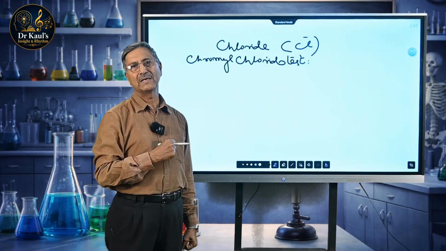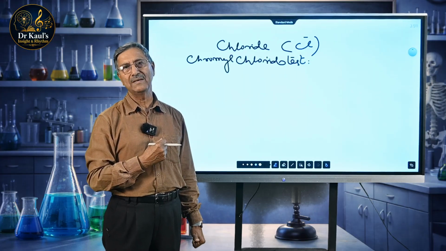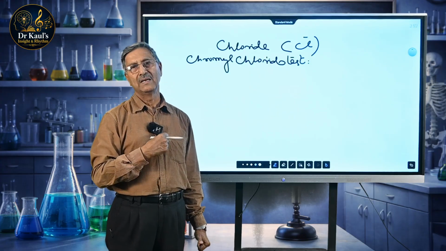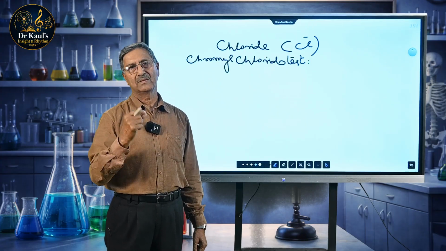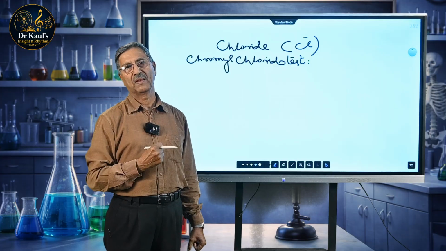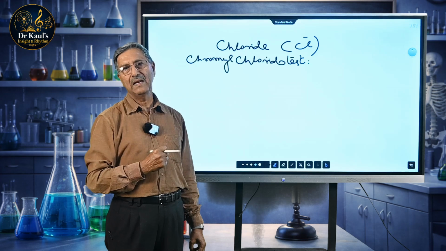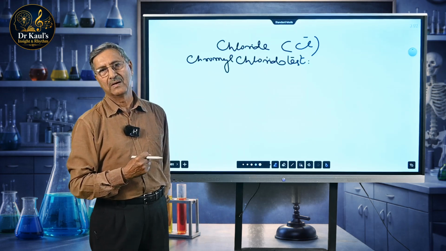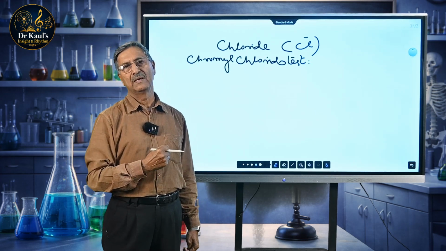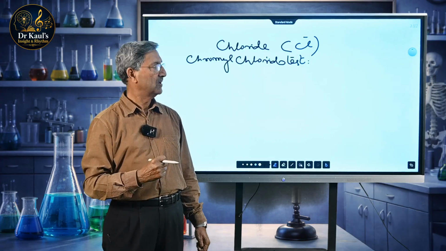Then that chromyl chloride gas is passed through either ammonium hydroxide or sodium hydroxide. Usually we pass it through sodium hydroxide, which turns that colorless sodium hydroxide solution to pale yellow. That pale yellow solution is then acidified with acetic acid, and then we add a few drops of lead acetate to it, and we get the formation of a yellow precipitate of lead chromate.